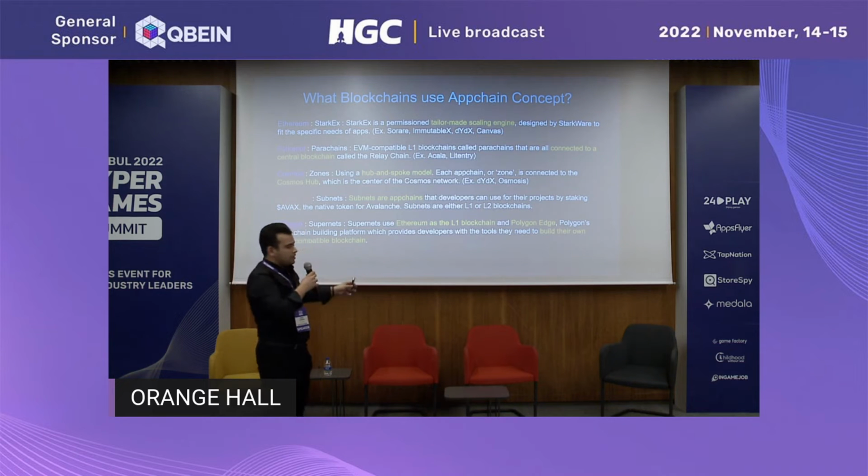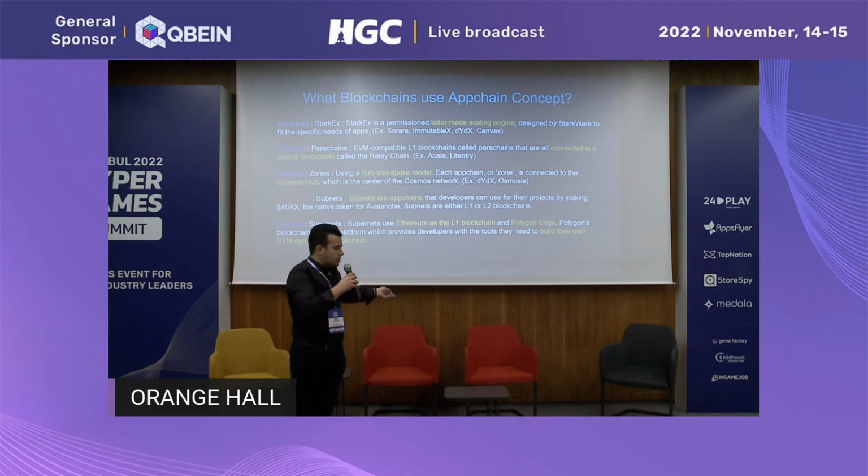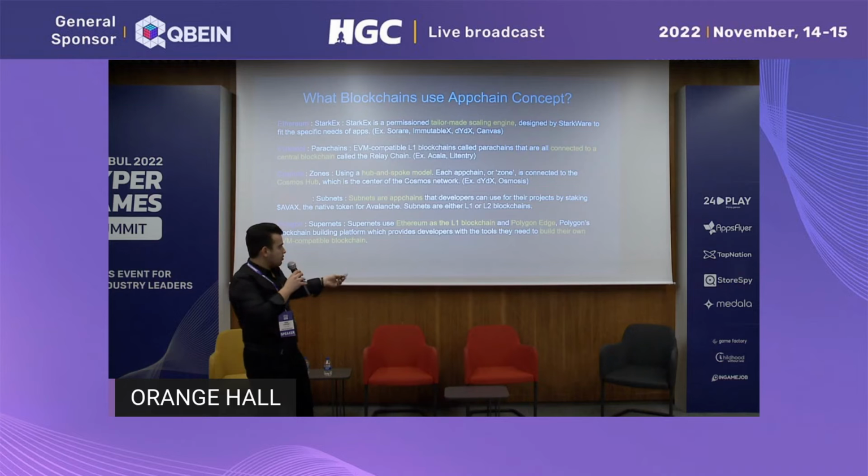Each app chain, or zone as they call it, is connected to the Cosmos Hub, which is the center of the Cosmos network. I can give DYDX again as an example. DYDX used to use it, I guess, and then they changed to using StarkX. Avalanche has subnets as app chains. Polygon has supernets, and supernets are very hot. That's not something new. I guess it got launched last summer.